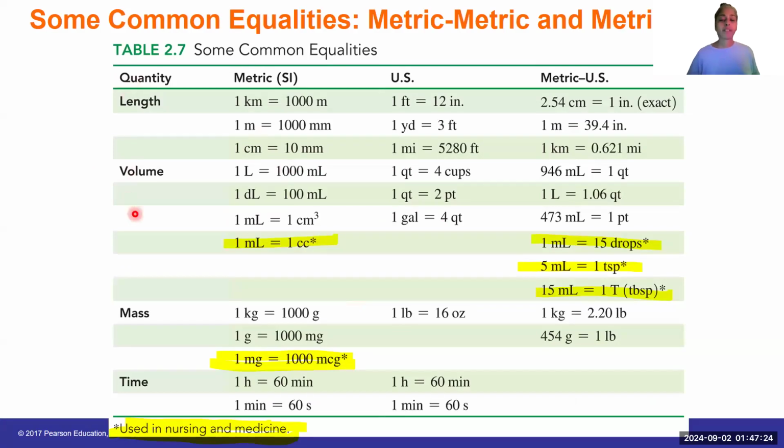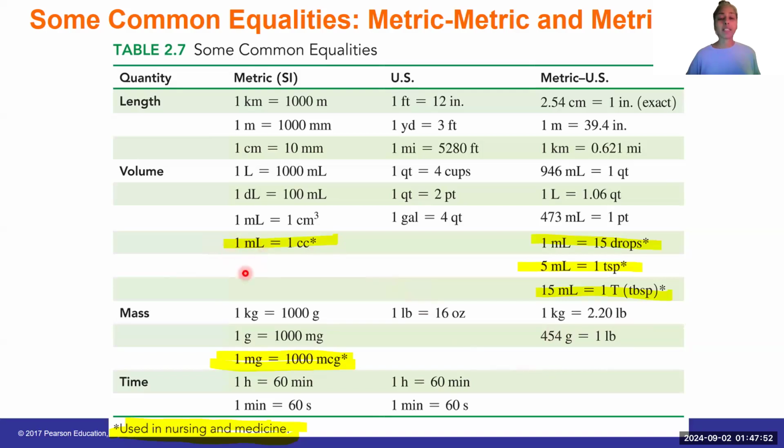Here we have a table of metric and US units. You also have a table very similar to this in your reading materials. You will not be required to know differences between US and metric units, although it might be useful for you to memorize some, such as centimeters to inches and kilograms to pounds.